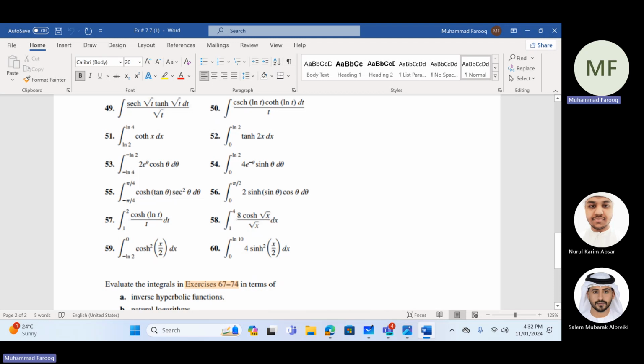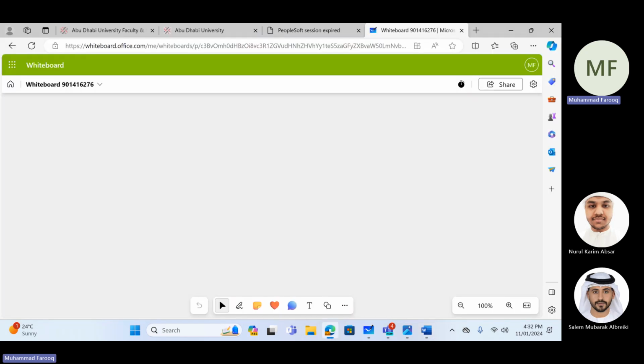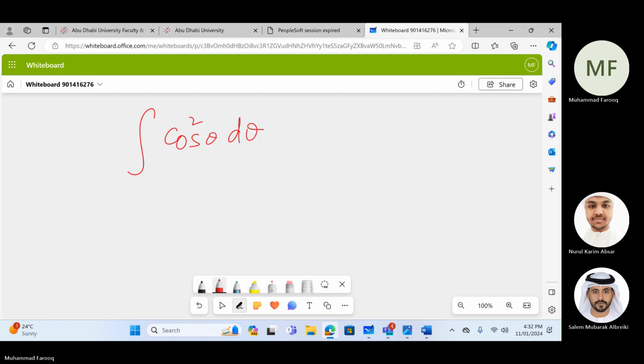I'm writing it: give me the integration of cosine squared theta d theta. We have done this in Calculus 1. How do you integrate cosine squared theta d theta?